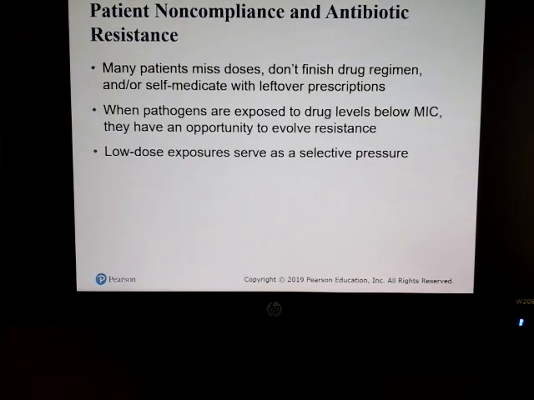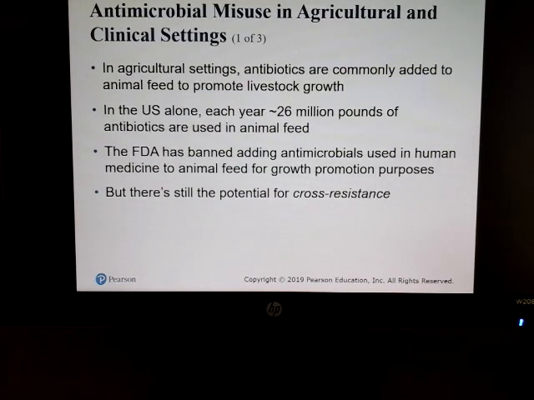So many patients, again, don't take all their doses. Or sometimes they save them and then they take old ones that are not as effective anymore. Also, what happens by doing that is you are making, believe it or not, the bacteria resistant to that antibiotic. Again, antibiotics are fed to our livestock.